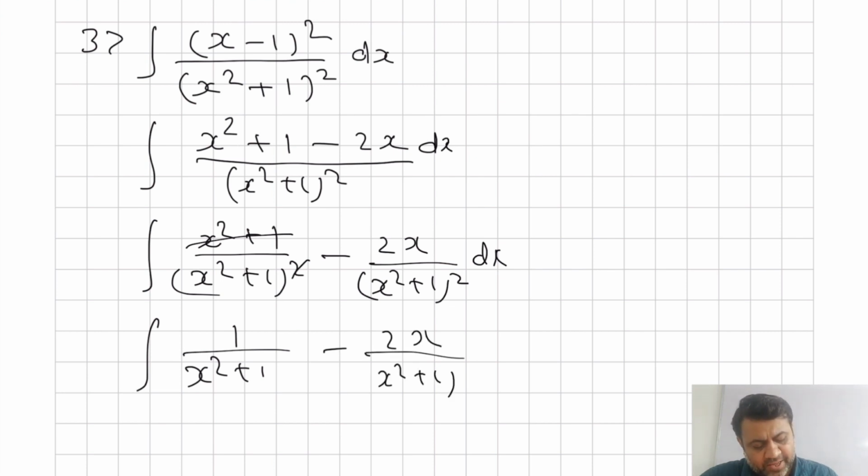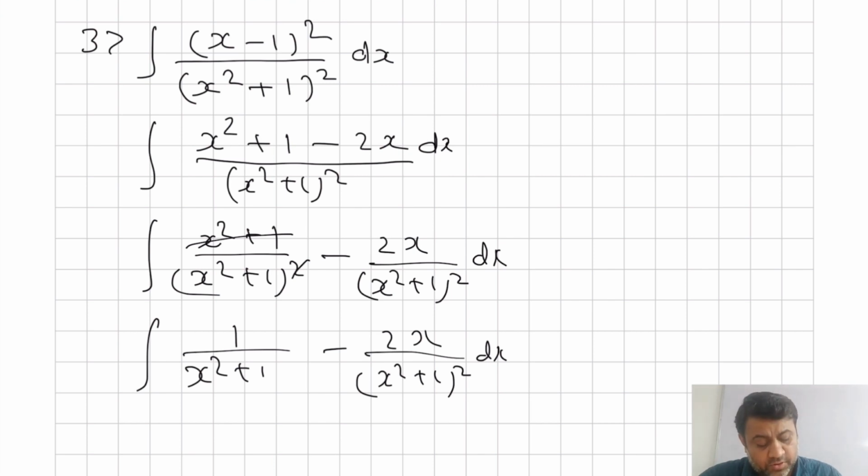Now the first part can be solved very easily directly. There is nothing much to worry about. We can just write 1 by x square plus 1 is a formula. Integration of 1 by x square plus 1 will be tan inverse of x, since the derivative of tan inverse of x is 1 by x square plus 1.